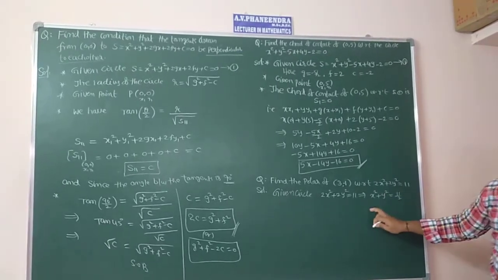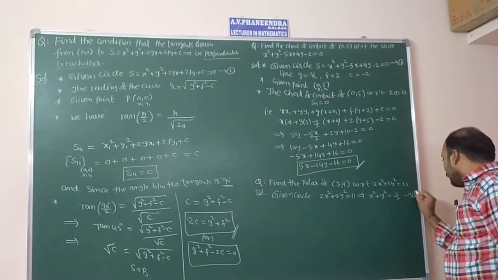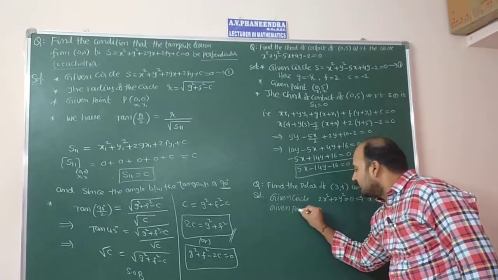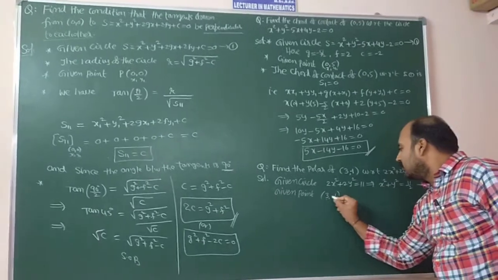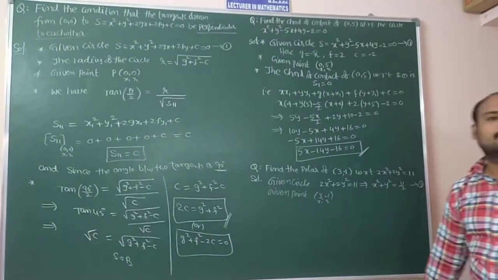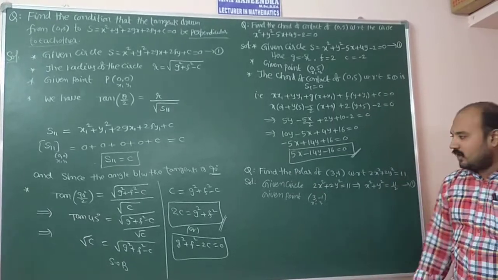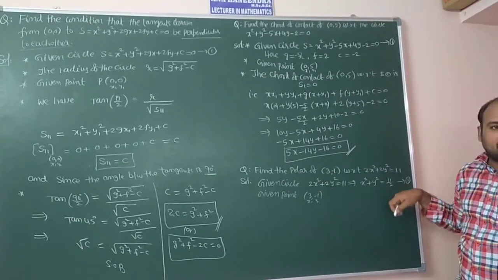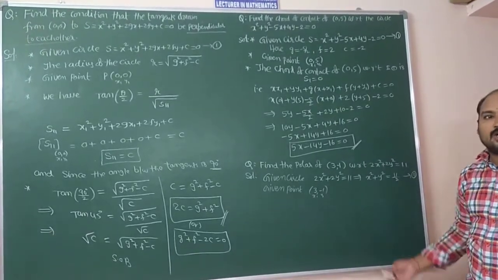It is looking like x square plus y square equal to r square, equation number 1. Next the given point 3, minus 1 is x1, y1. So the polar equation they are asking. Already I discussed that formula. The polar of P with respect to the circle x square plus y square equal to r square is xx1 plus yy1 equal to r square.